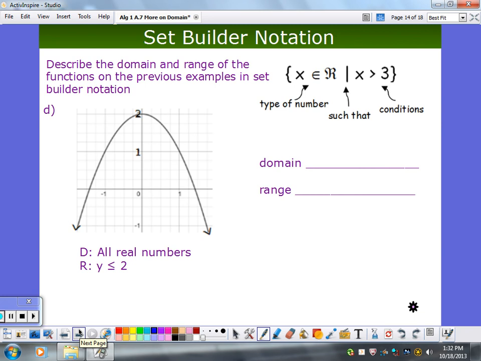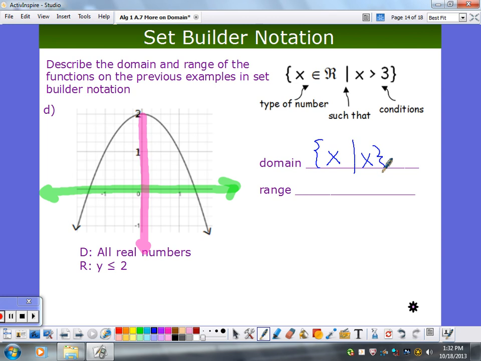I got a question on the last one, which is our domain here was all real numbers, right? Because when we look at this, it's both directions, because this keeps going forever and ever. And then our range was 2 and down. So all real numbers is how we say the domain in English. Let's remind ourselves how we say that. I want x that's a real number, and x will be in the set.